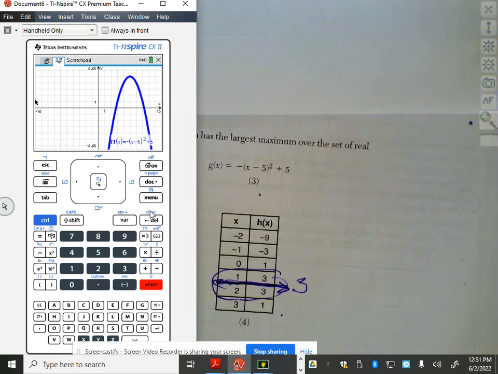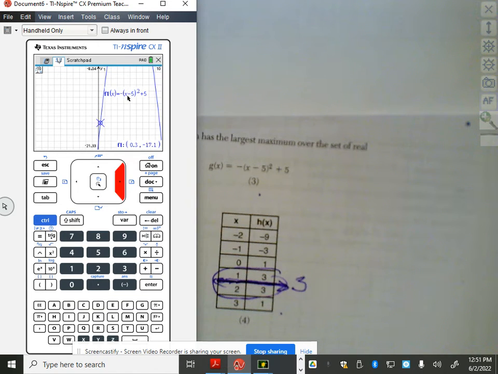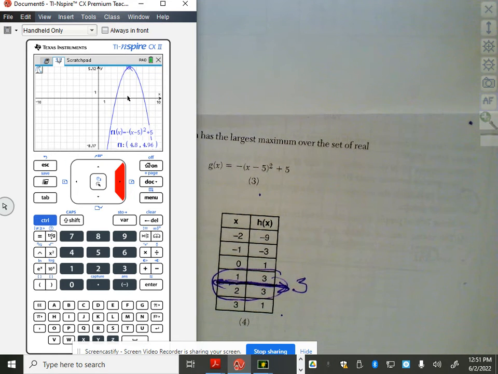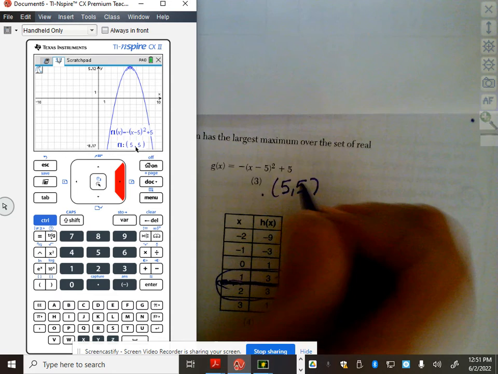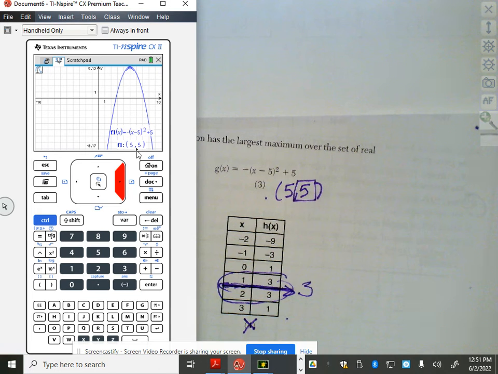Hit enter, and I'm going to do menu, trace, graph trace. And I'm going to scroll up until I can find my maximum. My maximum here is at the point 5, 5. So these are definitely 5. This one's eliminated because it's 3.